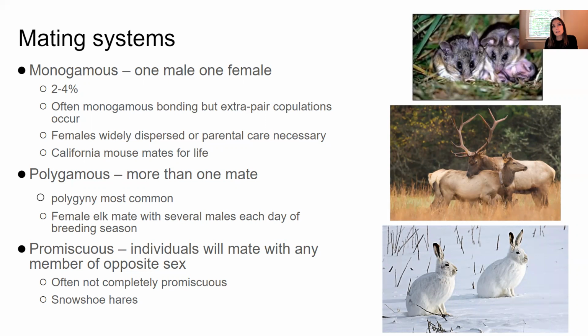And even in species that we consider promiscuous, there's evidence that it's not completely promiscuous, that there could be some competition among different potential mates, but in general, there's much less selection in those species that we consider promiscuous. And snowshoe hares are an example of that.